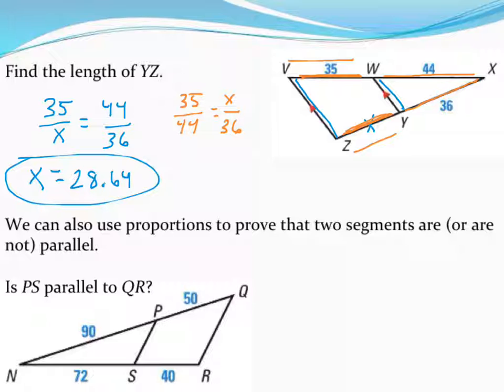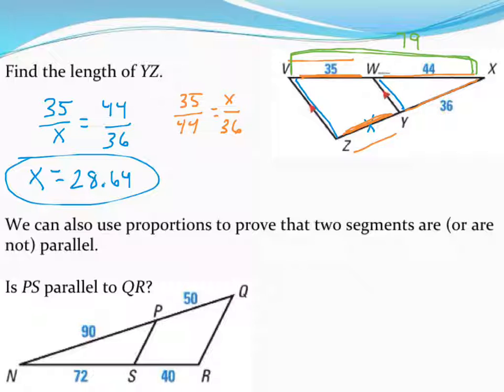Now, even another way to do this problem is to not use those partial sides at all, but rather to use entire sides of triangles. For example, if I were to find this entire side of the triangle by adding those pieces together, I can see that those add up to 79. Watch this proportion I could set up.